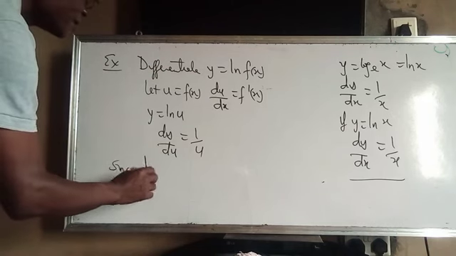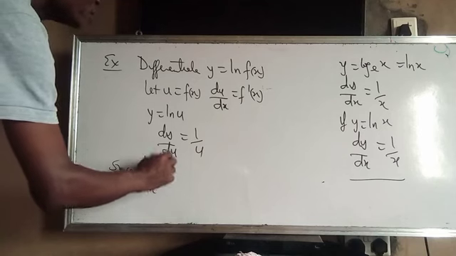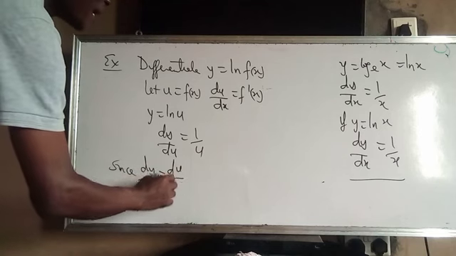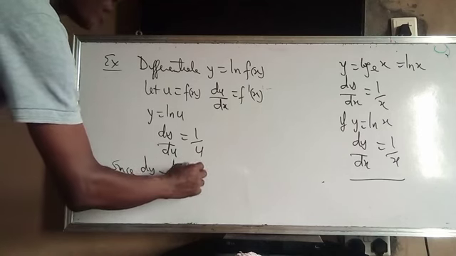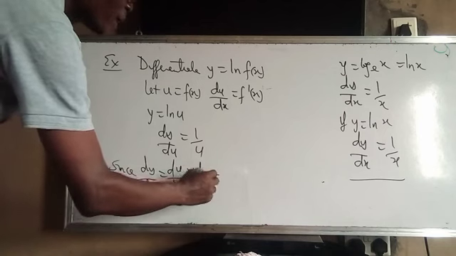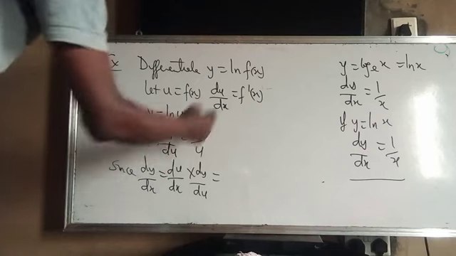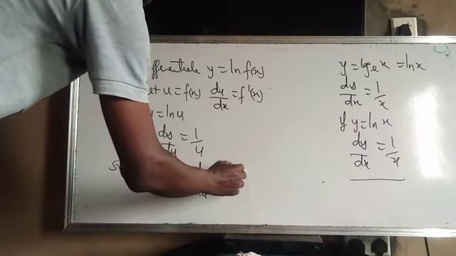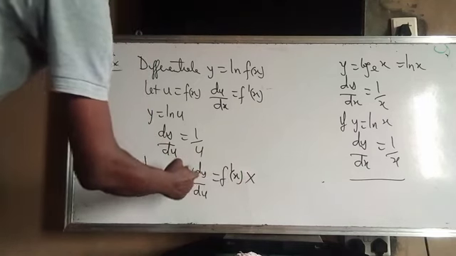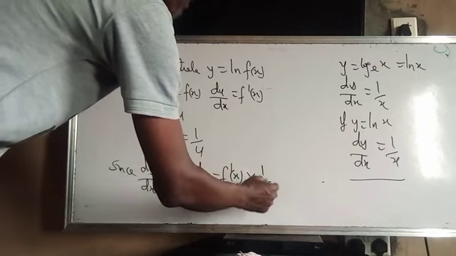Okay. And you know that dy/dx is equals to du/dx times dy/du. I hope you know that. So that means du/dx is f prime of x, multiplied by dy/du which is 1 over u.